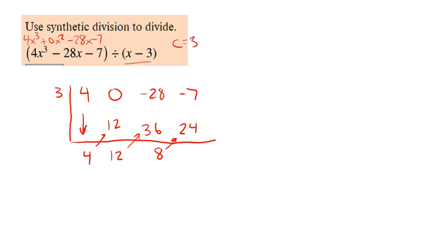Negative 7 plus 24 would be positive 17. And so if we started with x cubed, x squared, x, and this constant, our answer is going to be 4x squared plus 12x plus 8 plus 17 over x minus 3.